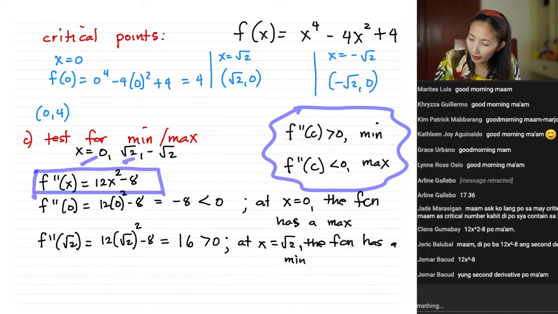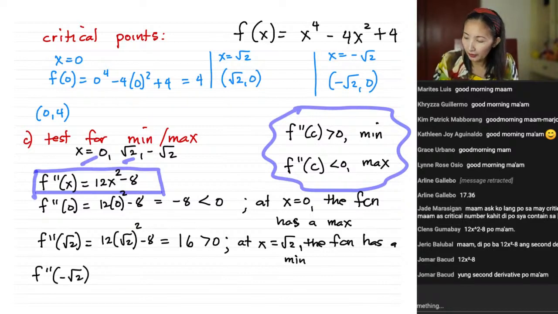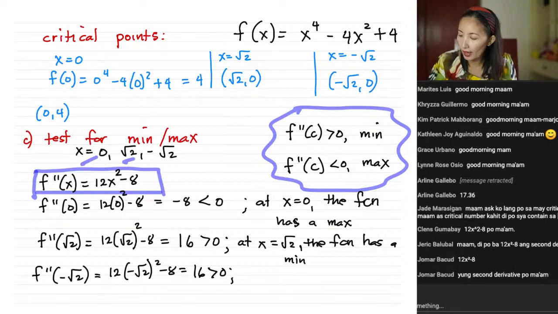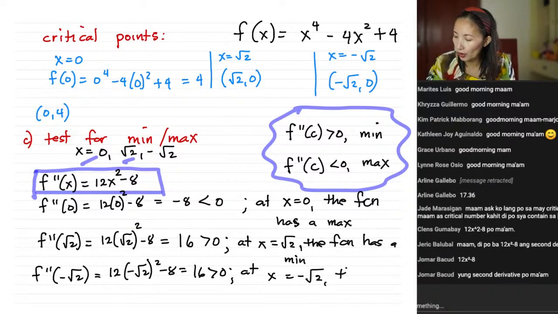Next, how about f double prime of negative square root of 2? 12 times negative square root of 2 squared minus 8 equals, just the same, 16. And 16 is greater than 0. So, at x equal to negative square root of 2, the function f has a min.